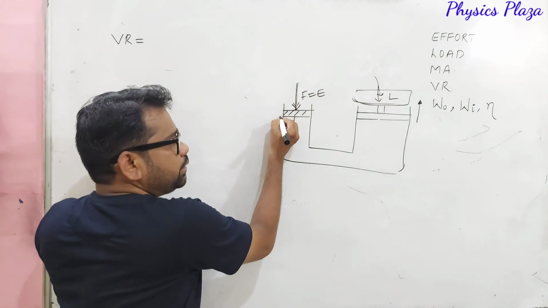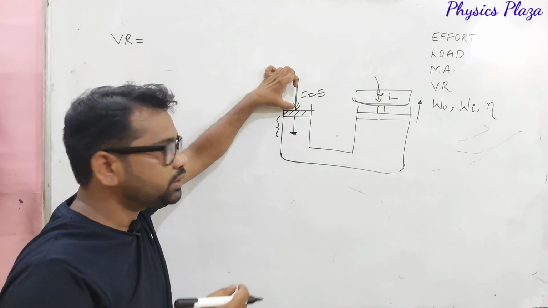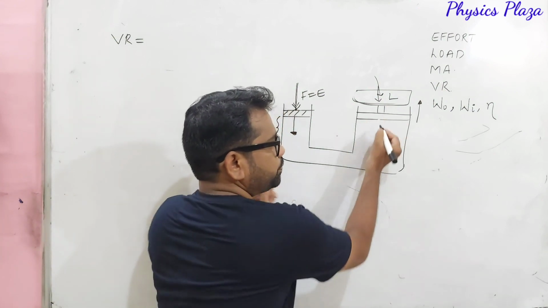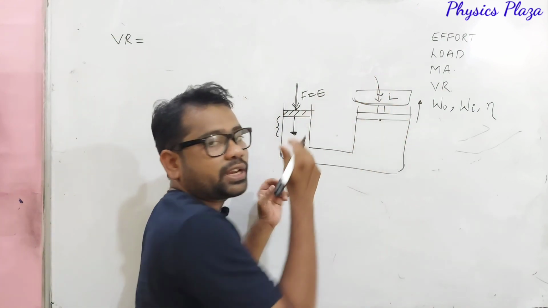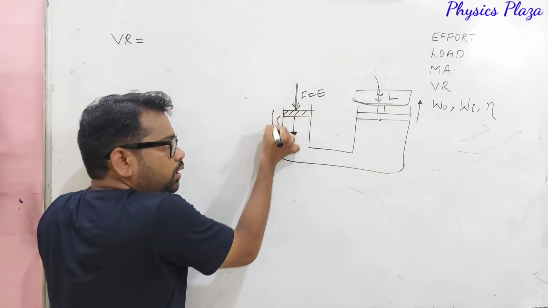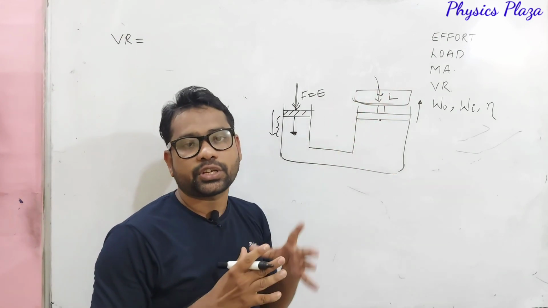So here there will be the point of effort, wherever we are applying the force, that point is displaced downward direction, and here this point will be displaced upward direction, which means this effort is moving downward direction, load is moving vertically upward direction.